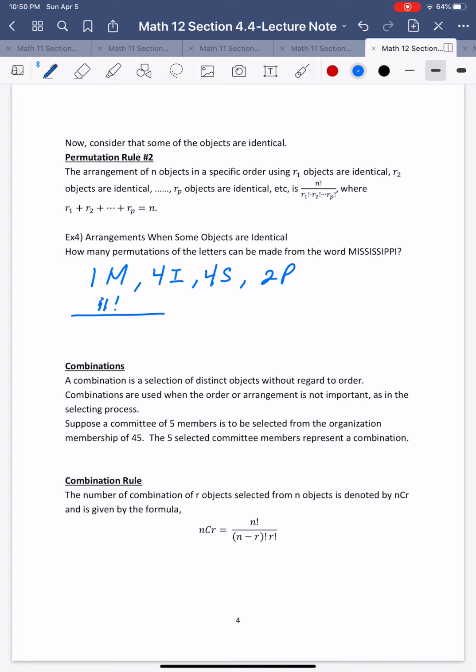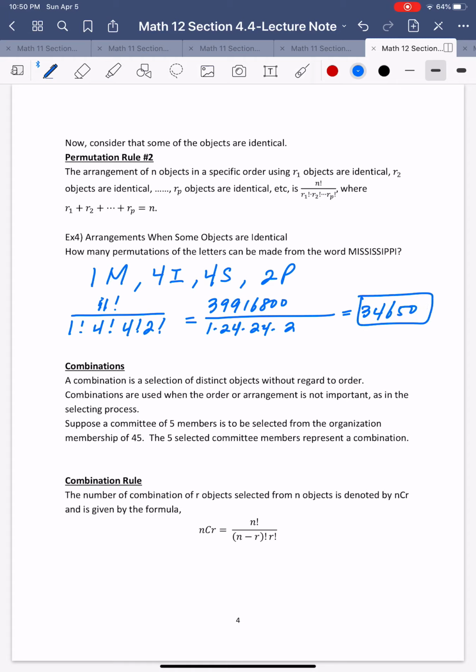And then there's a 1 factorial for the M, 4 factorial for the I, 4 factorial for the S, 2 factorial. So if you simplify, I got a big number. Divide by 1 times 24 times 24 times 2, which becomes 34,650 ways.